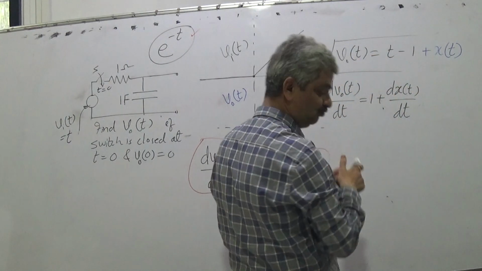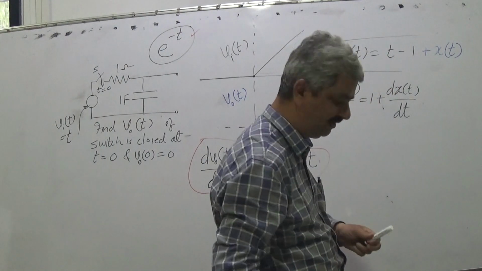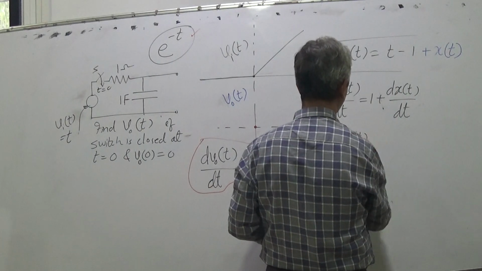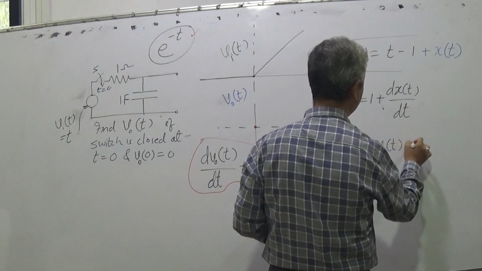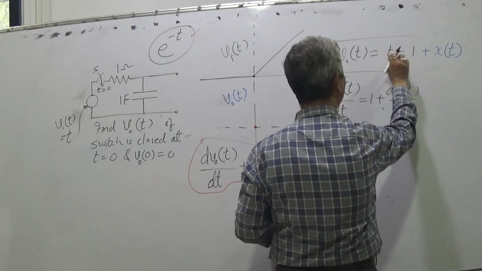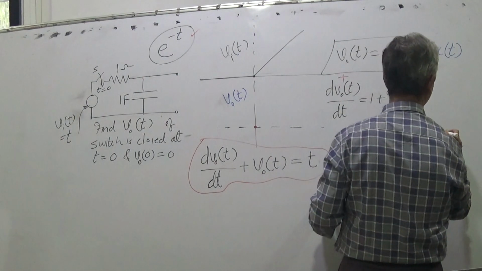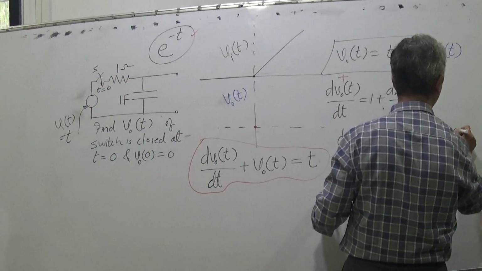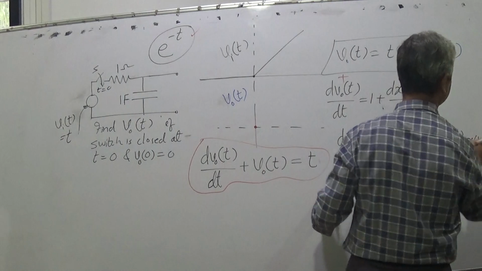So what is this? These two terms when added, we get left hand side as dVOT upon dt plus VOT is equal to this t minus 1 plus 1, that is t plus this and this, dxt by dt plus xt.